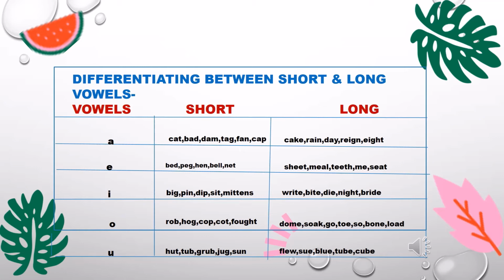I sound, big, pin, sit, and long vowel, ride, die, night, bribe. O sound, hop, cop, cot, long vowel, soak, go, toe, bone, load. U sound, hut, tub, grub, mug, sun. Long vowel, blue, tube, cube, and many more.